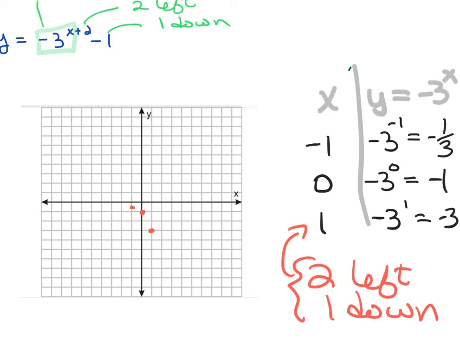Let me do this first one, (-1, -1/3): 2 to the left, 1, 2, and then 1 down. Then I'll take the y-intercept, 2 left, 1 down. You can now see that your horizontal asymptote has shifted to y equals -1.